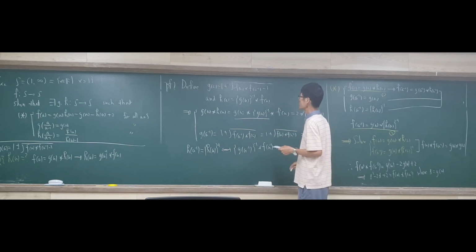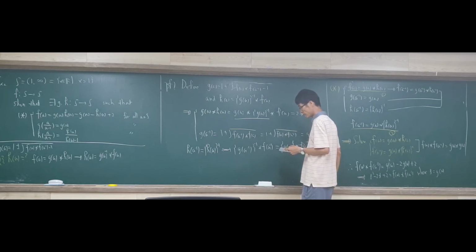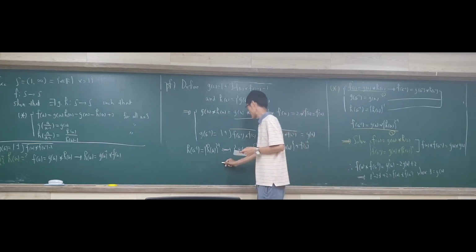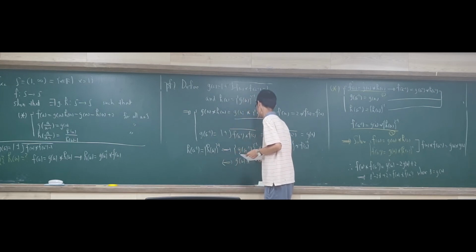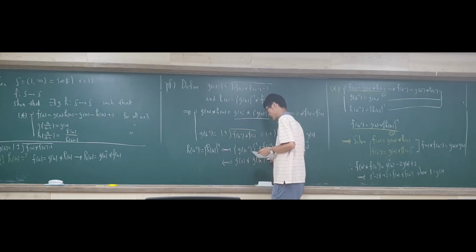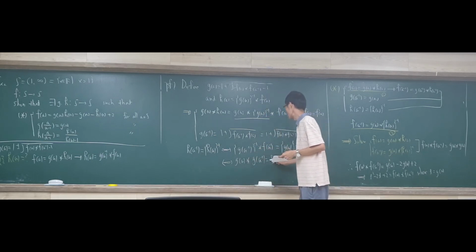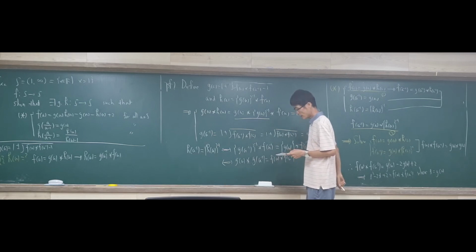This is equal to H(a) inverse. So G(a) star G(a) inverse, and you can see that this is equivalent to G(a) star G(a) inverse is equal to F(a) star F(a) inverse.